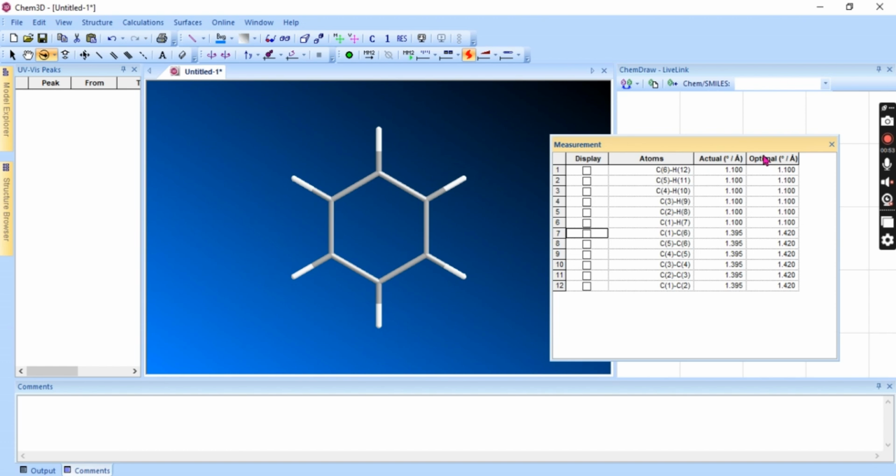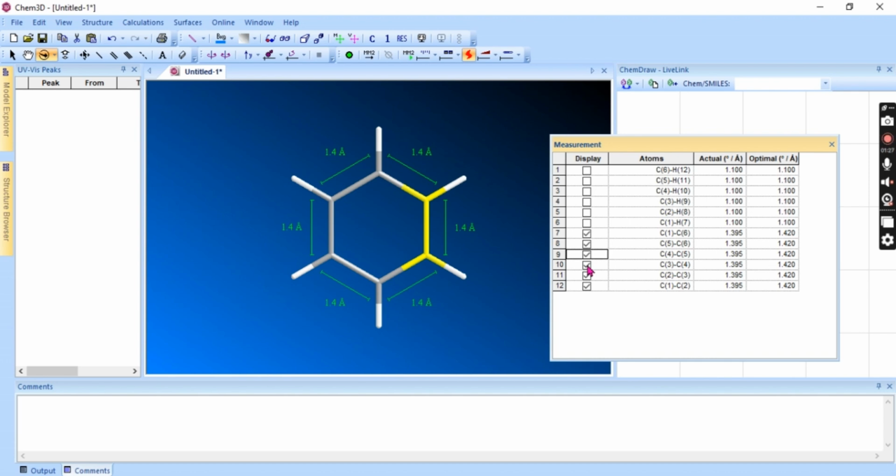First of all, we have 12 atoms: 6 are carbon, 6 are hydrogen. The bond length between carbon and carbon is 1.4 angstrom, between all carbon-carbon pairs.